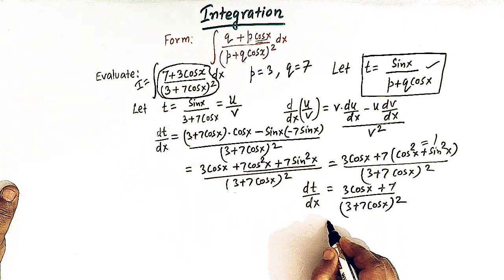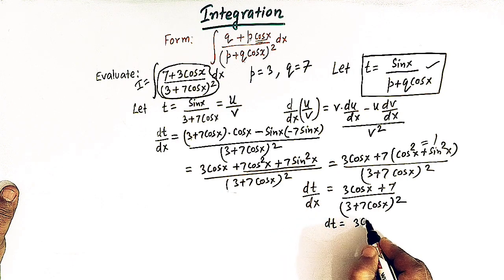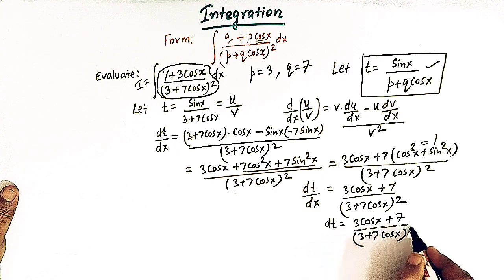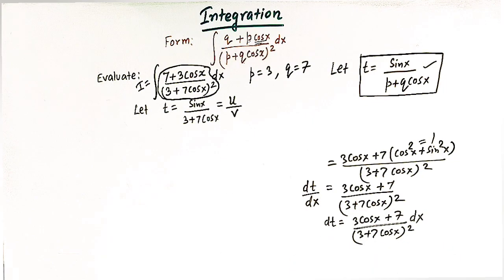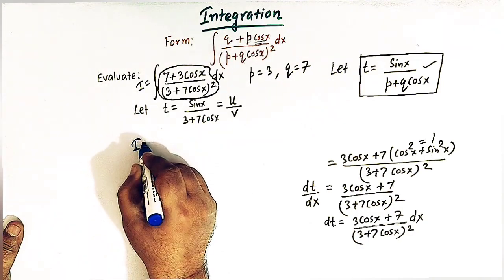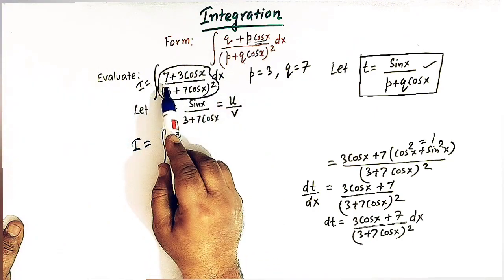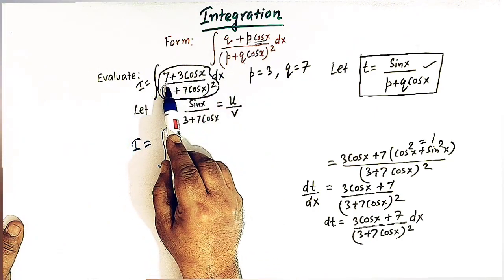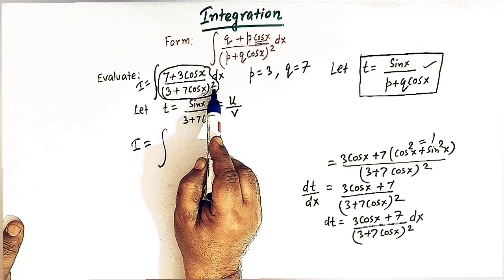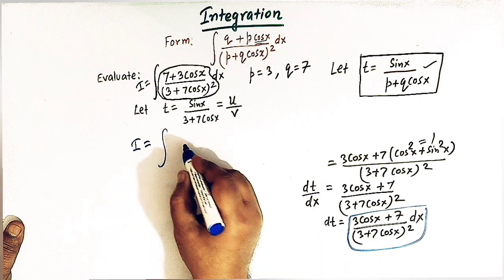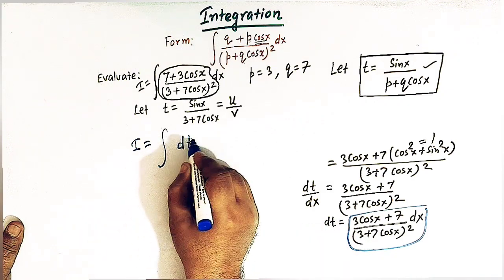So now we can write dt is equal to (3 cos x plus 7) divided by (3 plus 7 cos x) whole square, and here we have dx. So now our integral takes the form of this entire expression, that is (7 plus 3 cos x) divided by (3 plus 7 cos x) whole square dx. This expression is equal to dt, right? So we have simply here dt.